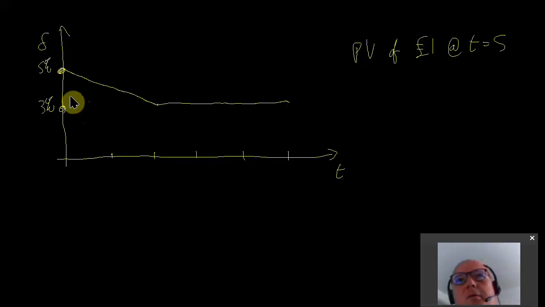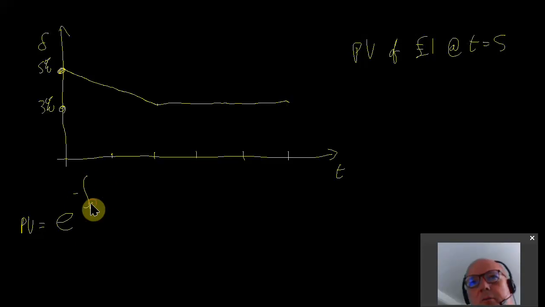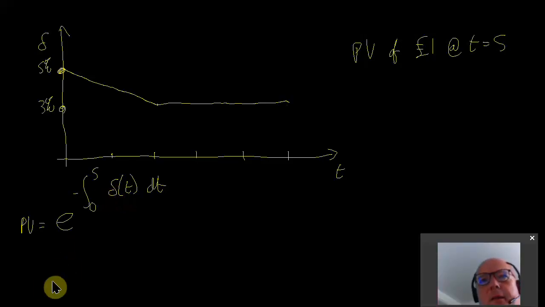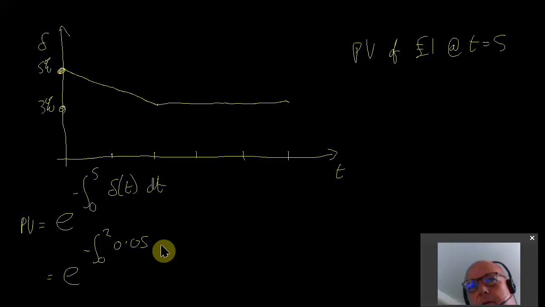Okay, well, all we've got to do is e to the minus the integral between 0 and 5 of delta of t dt. Okay, well, we just split that out now, we just break that up, so that's e to the minus the integral from 0 to 2 of 0.05 minus 0.01t dt.